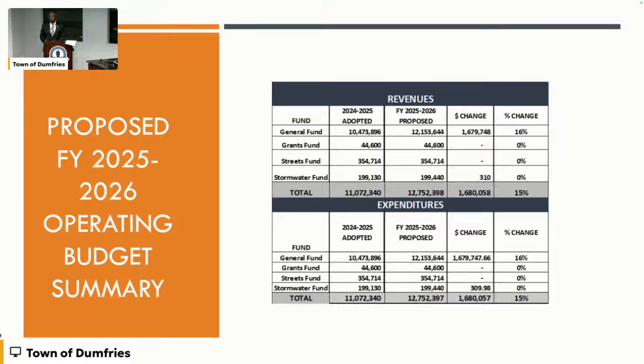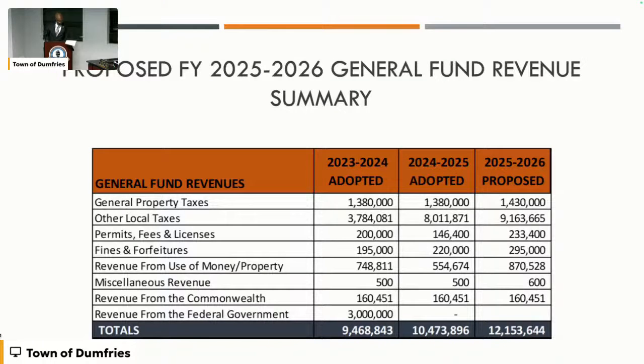$10,473,896. Before you is a proposed summary of the revenue slides of how the $12,153,644 has been made up. $1.4 million in taxes, $9.2 million in other local taxes, $233,000 in permit fees and licenses, $295 in fines and forfeitures, $870 in revenues from use of money/property, $600K in miscellaneous revenue, and $160,000 in revenue from the Commonwealth.